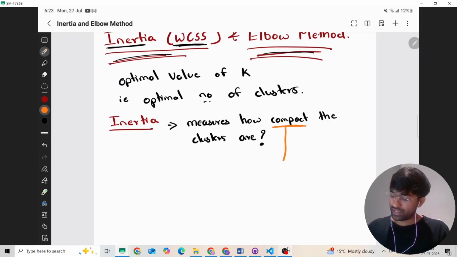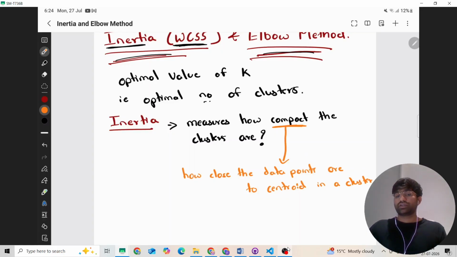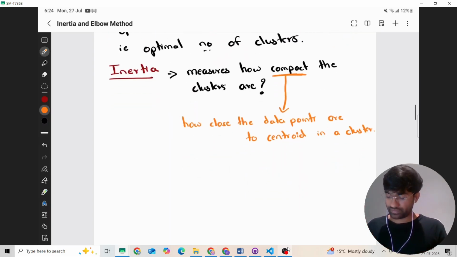Compact is nothing but how close the data points are to the centroid in a cluster. It will check the distance between the data point and the centroid. If they are very close, this is highly compact. If they are far from the centroid, these are loosely compact.